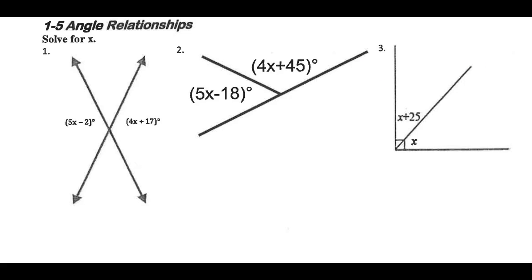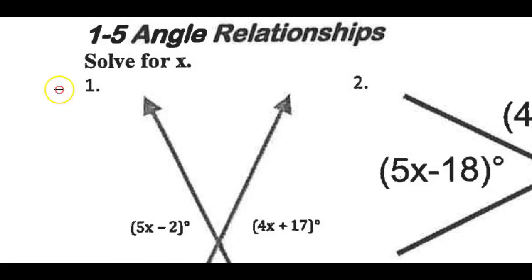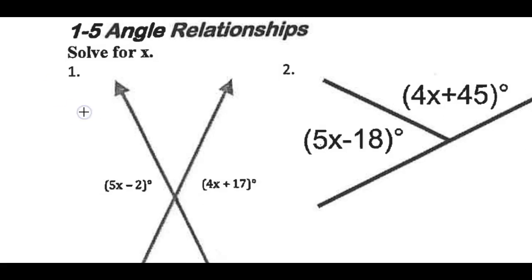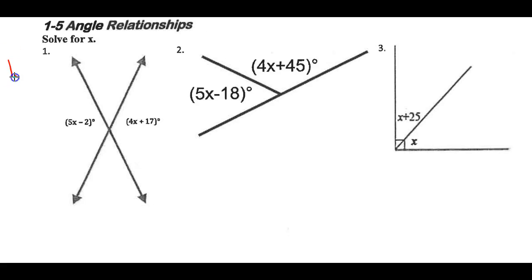Okay, and then finally we have 3 more algebra problems here to finish off that relate to our angle relationships. The first relationship that you have here, number 1, are vertical angles. So I'm just going to write vertical.